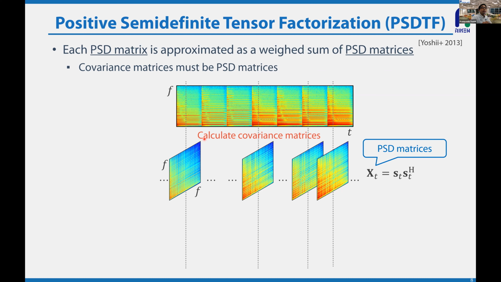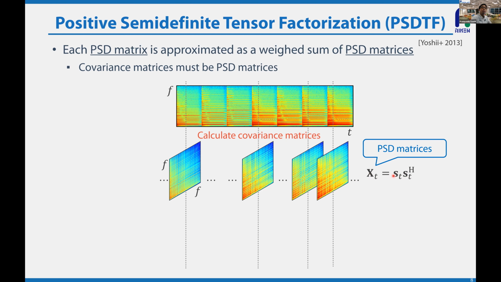On the other hand, in this method, we calculate the covariance matrix at each time frame. This is the covariance matrix Xt at time frame t, which is given by the product of the complex spectrum and its conjugate transpose.